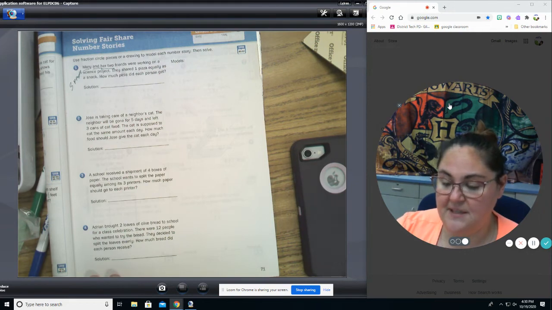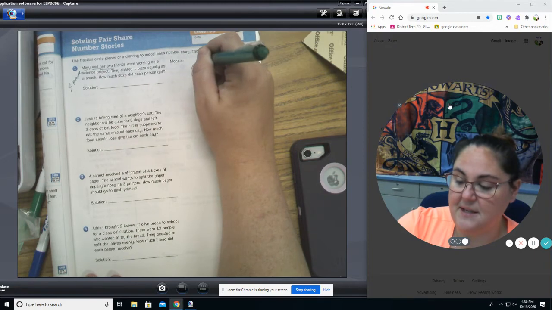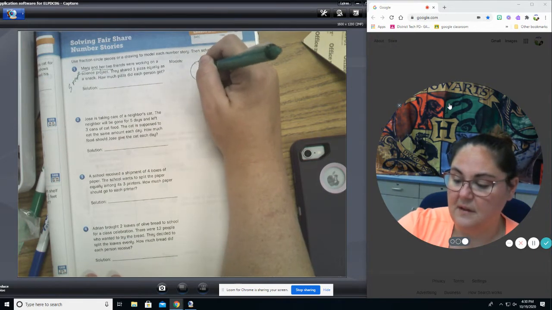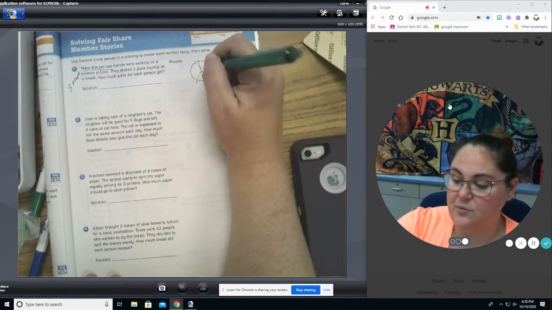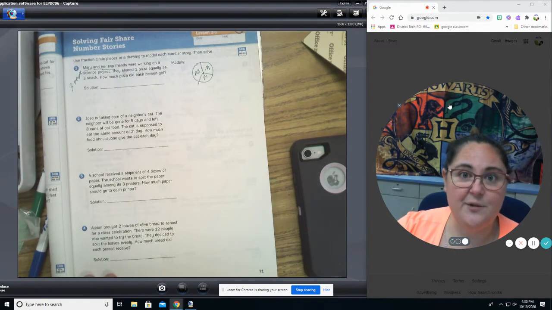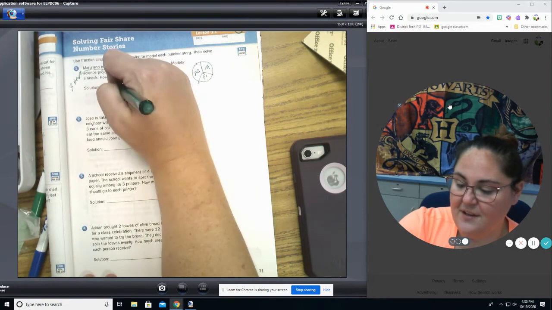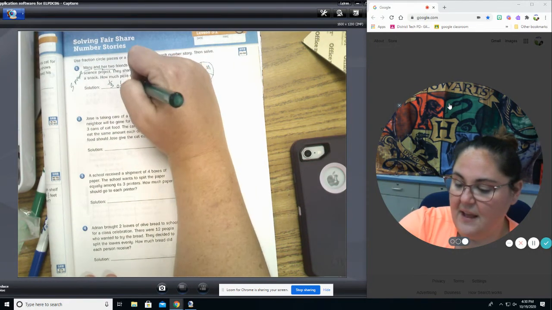How much pizza does each person get? So here's my pizza. Mary, friend 1, friend 2. How much pizza did Mary get? She got 1/3 of a pizza.